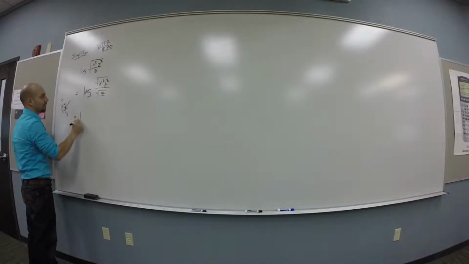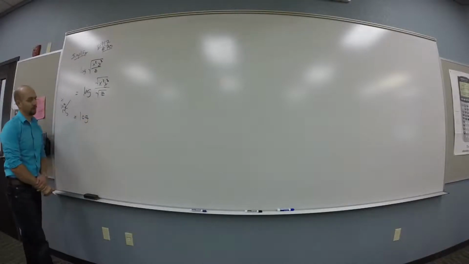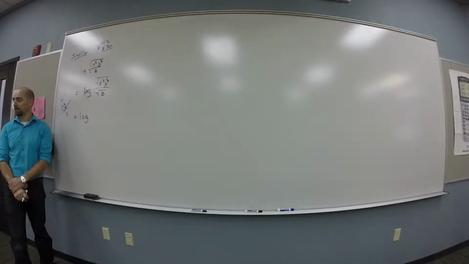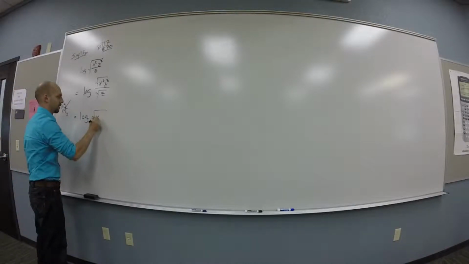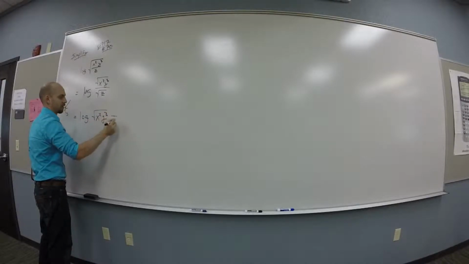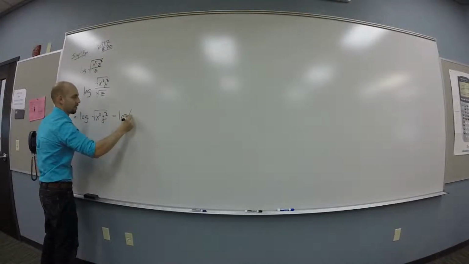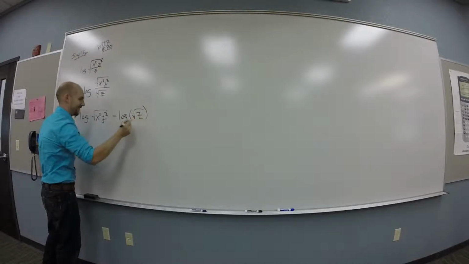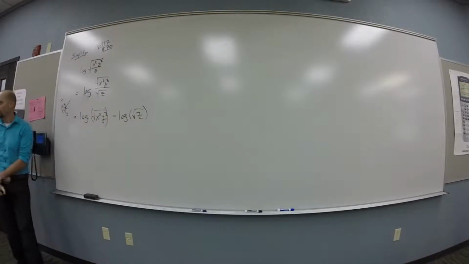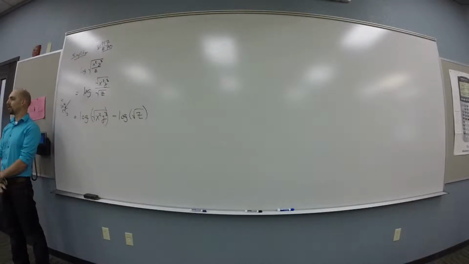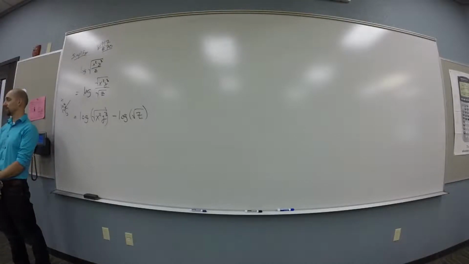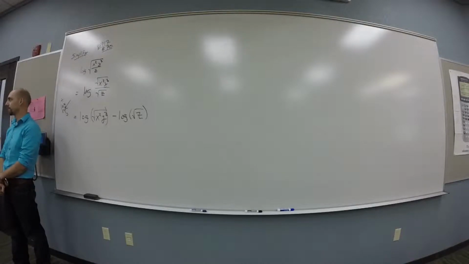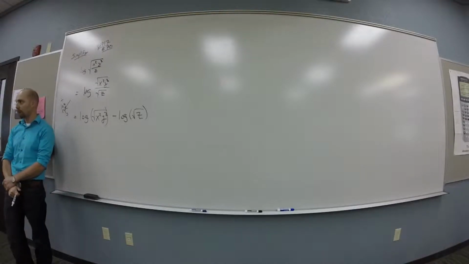So I get log of the square root of x squared y cubed minus log of the square root of z. You guys see that? It's got to be the log of the top minus the log of the bottom. Doesn't matter what's in the top or the bottom. The whole thing. So log of the whole top minus log of the whole bottom.